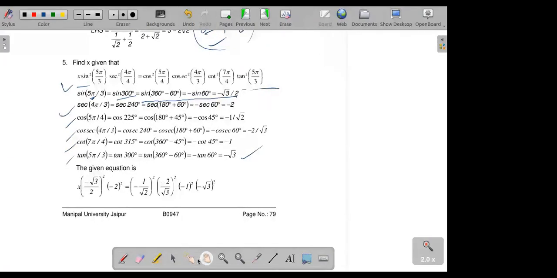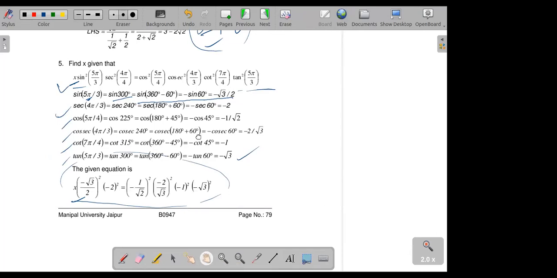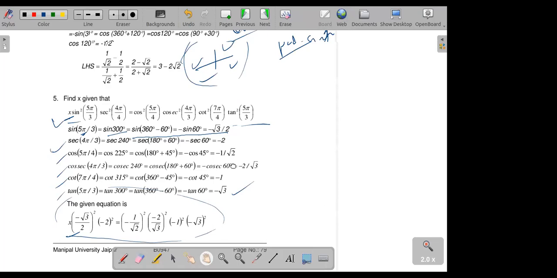Can you check the answer of the previous question which you gave? Root 3 by 4. Which one? Number 3, I did not solve. I actually just told how to solve.